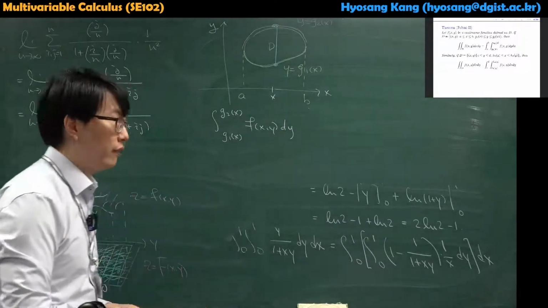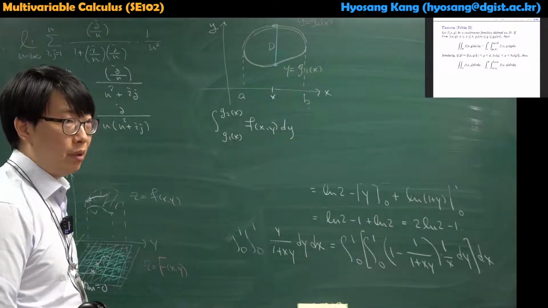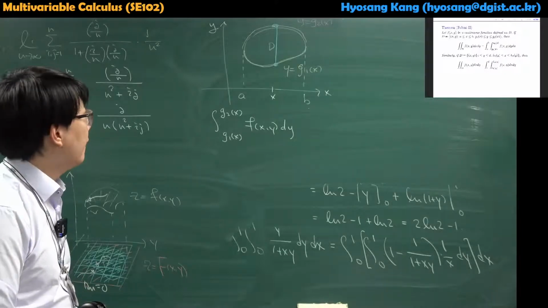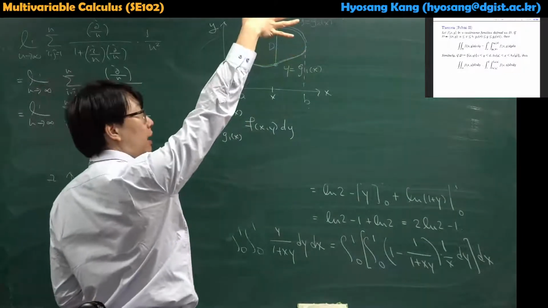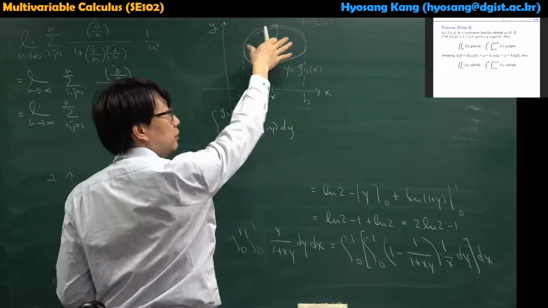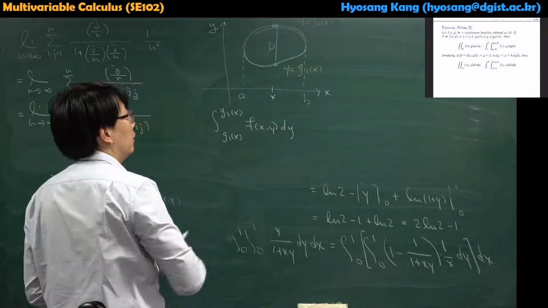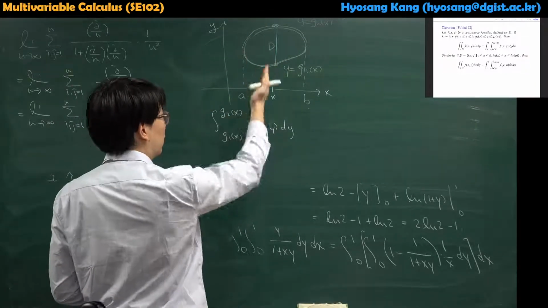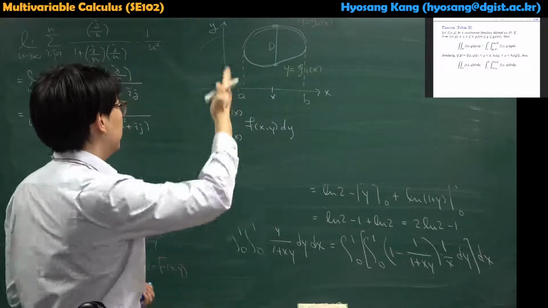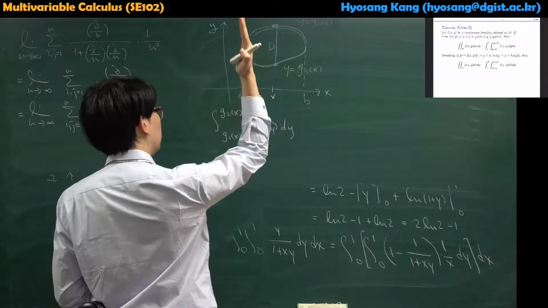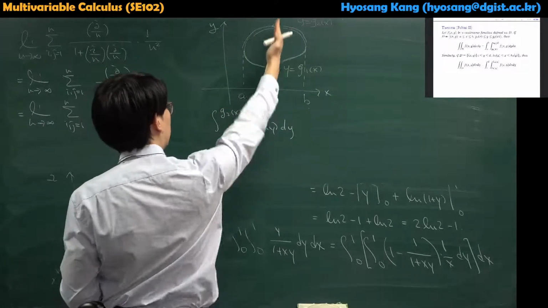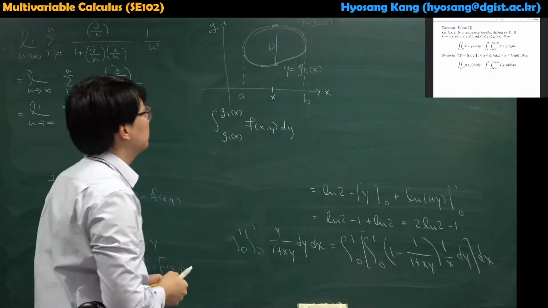This is a function of x. What does it represent? We have the graph of function f(x,y) above this region D, and I have a section which slices the graph on this blue line, right?